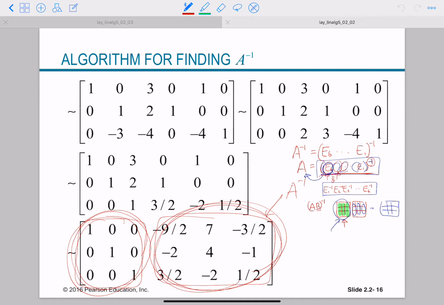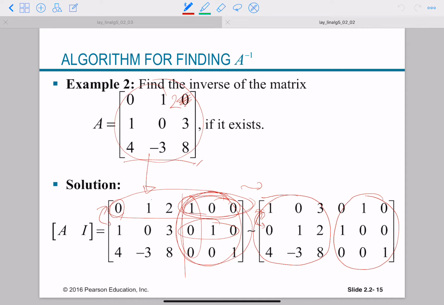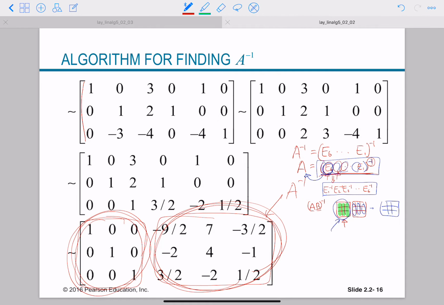So how we obtain our inverse is as follows. We have original matrix A, and then we put identity matrix on the right, and then do the row reduction or Gaussian elimination to obtain identity matrix on the left, and then this one will be naturally our inverse matrix, right?